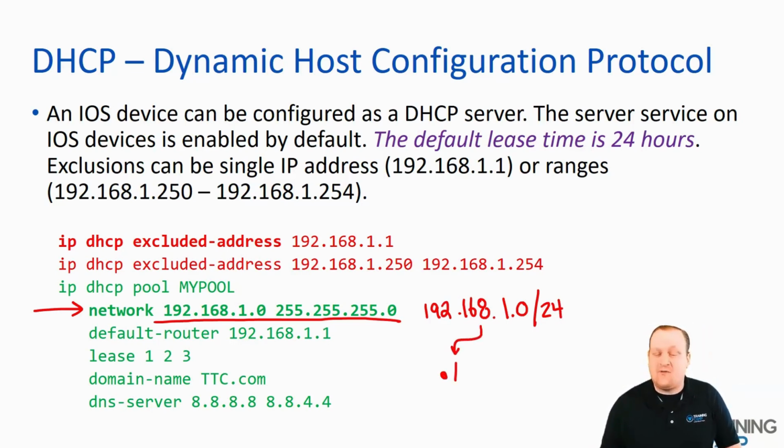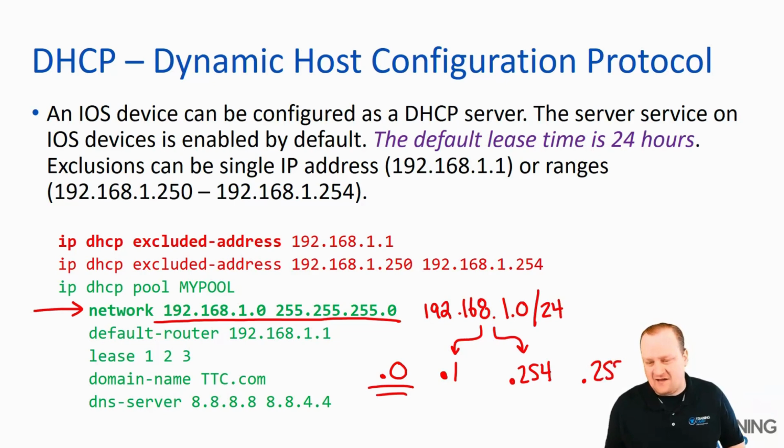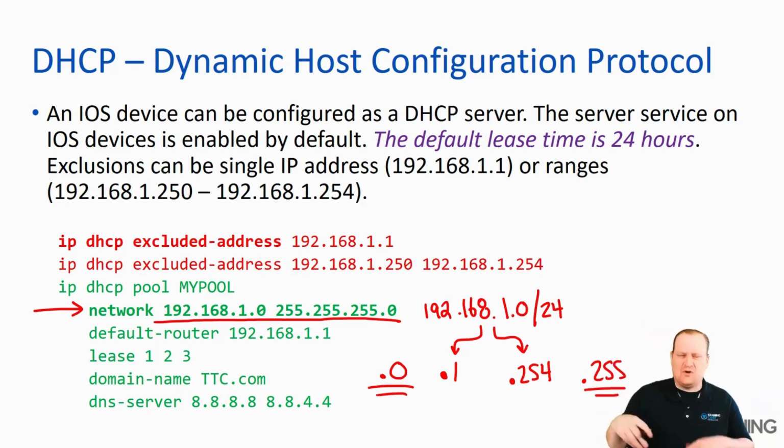For those who have learned their way through subnetting, you would recognize that this basically gives you a range where the first address that can be handed out is a 1, and the last address that can be given out is a 254. Noting that a 0 is not allowed to be given out to a computer, and a 255 isn't allowed to be given out either. Because 255 is what we call a broadcast address. If you wanted to send a message to everybody, you send it here, and it then sends to everyone from 1 to 254.